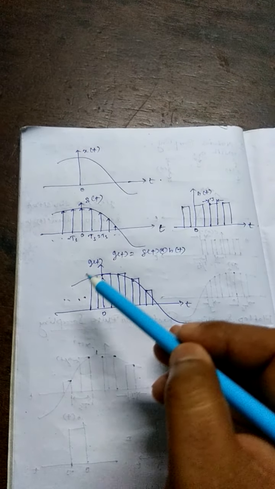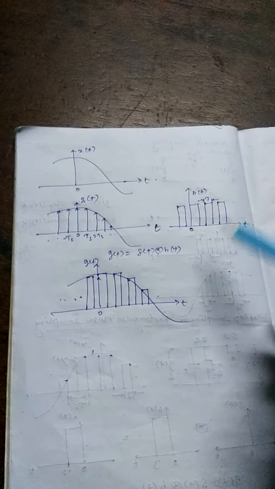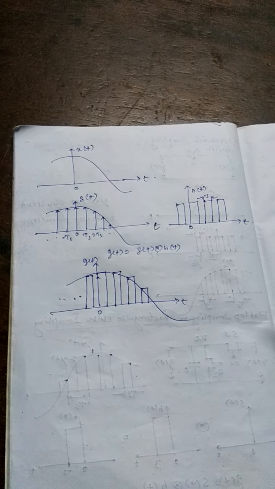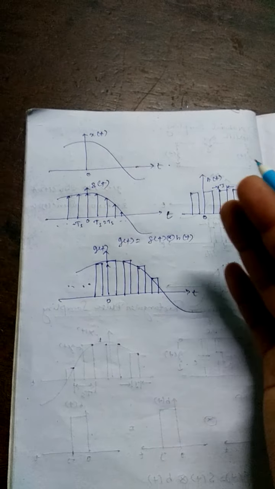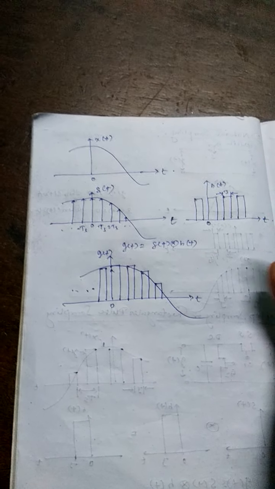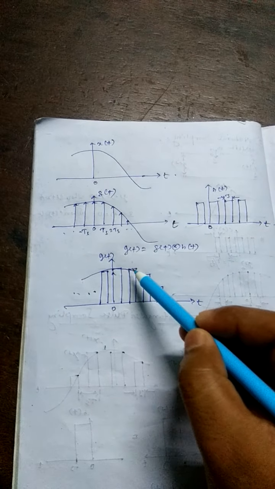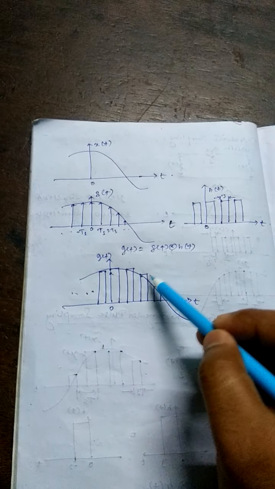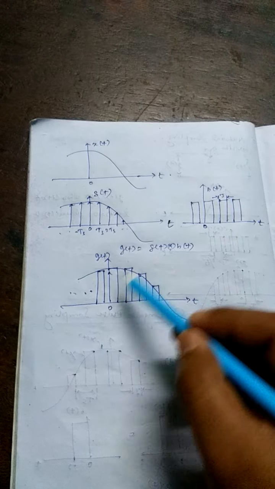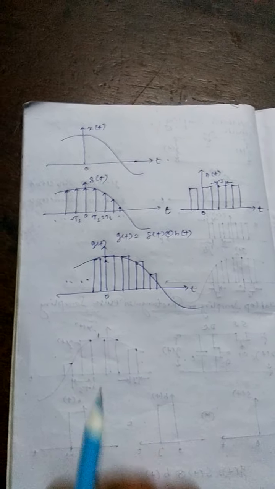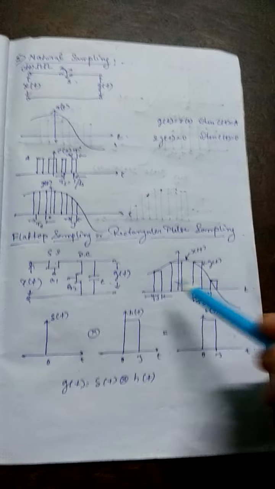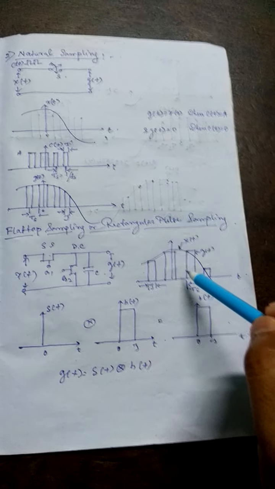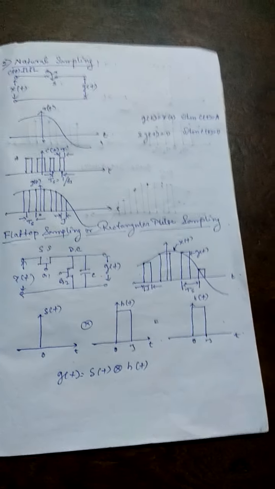The output of the pulse is not modulated in the previous way, like natural sampling, not like that. Here the output or top portion remains the same shape. So the name of that particular type of sampling technique is called the flat top sampling technique. Okay, and this is the final output, and this is the circuit diagram.